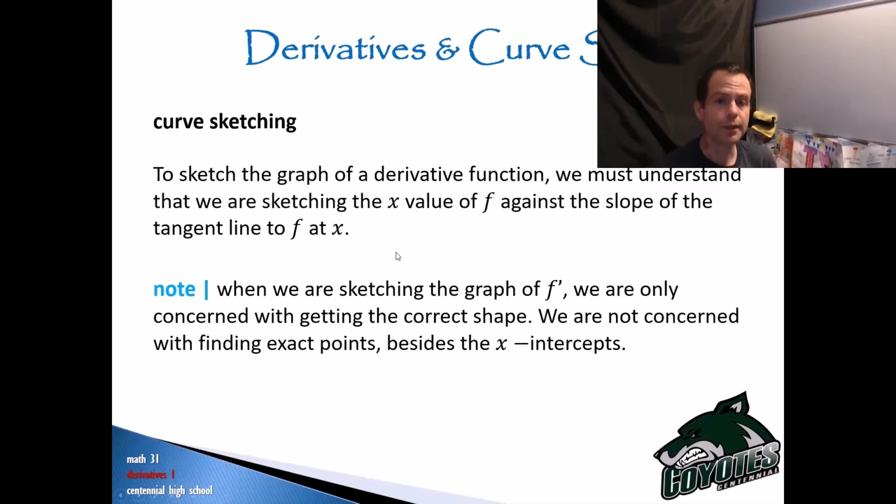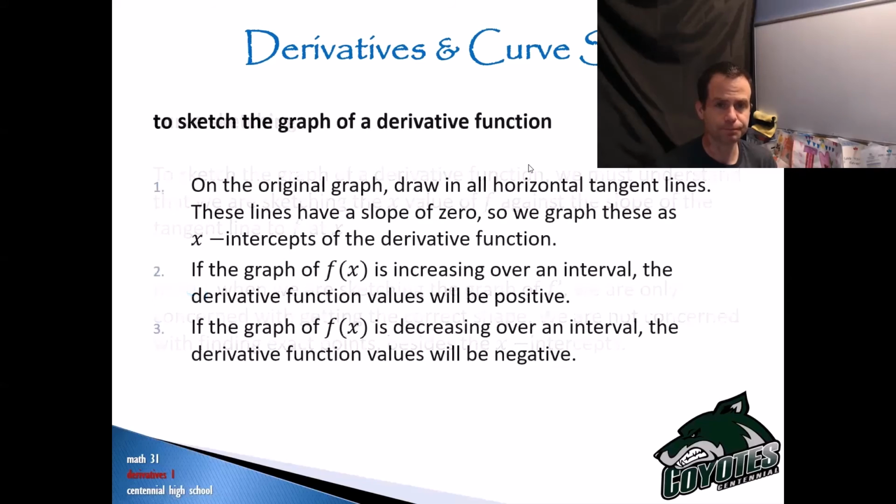Note, when we are sketching the graph of the derivative of f, we are only concerned with getting the correct shape. We're not concerned about finding the exact points besides the x-intercepts, okay? So here's how we do it. To sketch the graph of a derivative function, on the original graph, draw in all the horizontal tangent lines. These lines have a slope of 0, so we can graph these as x-intercepts.